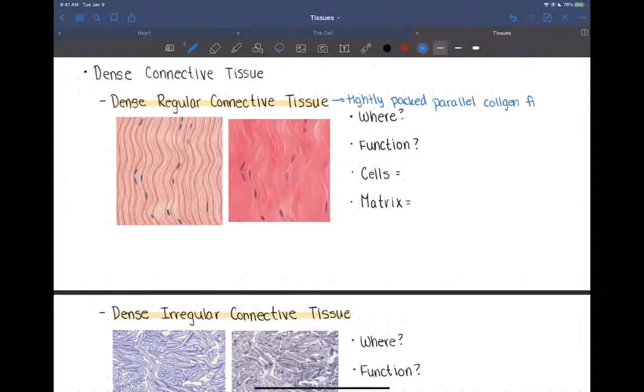So that's the structure of the tissue and how you can recognize it. You can see here that they end up being a little wavy, which we're going to talk about. But the collagen fibers are all running in the same direction. That's really important. Okay, and so where they're found is in tendons and ligaments.